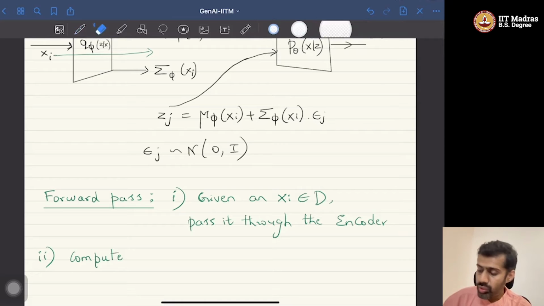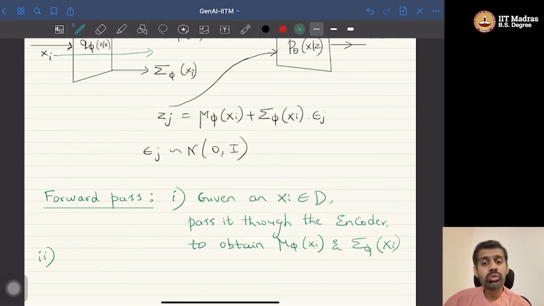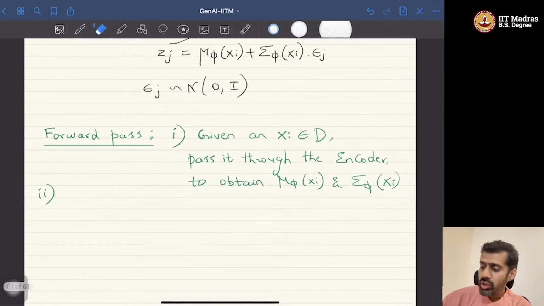Once you pass it through the encoder, you obtain mu phi of xi and sigma phi of xi. These are the outputs of the encoder.